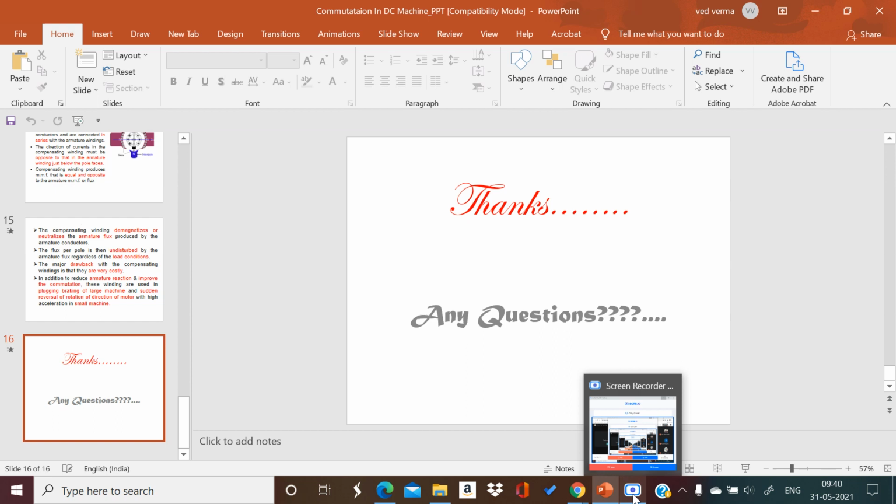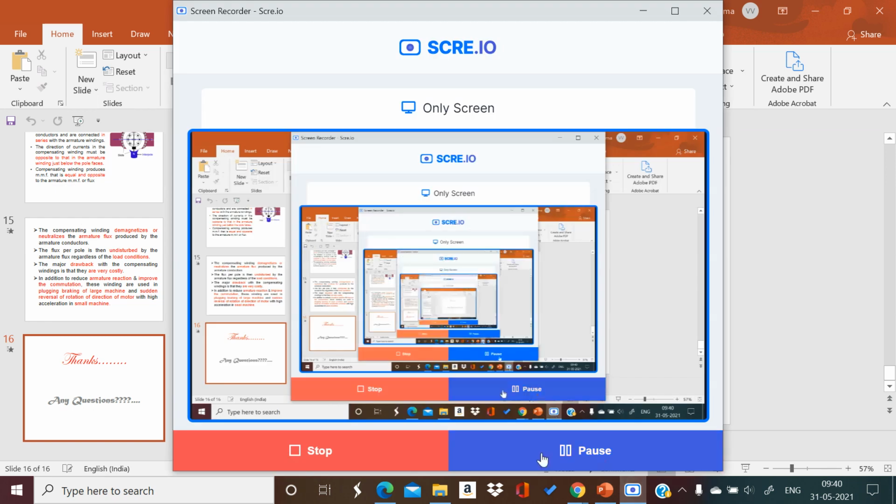Commutation can be improved by three methods: resistance commutation, EMF commutation, and by using compensating winding. In EMF commutation we have two categories: one is interpole, another is brush shift. Interpole and compensating winding are the two popular techniques used to improve the commutation. Brush shift has more disadvantages as compared to the others, so brush shift is least used.